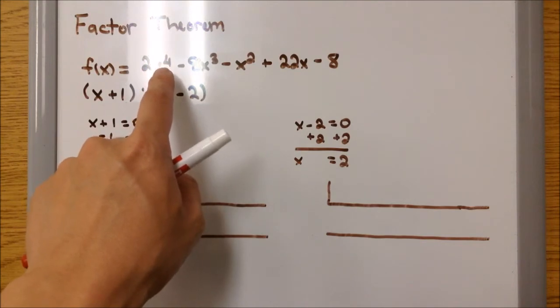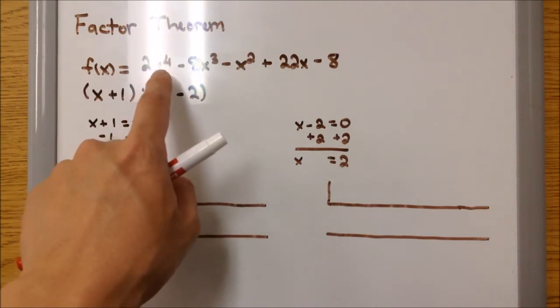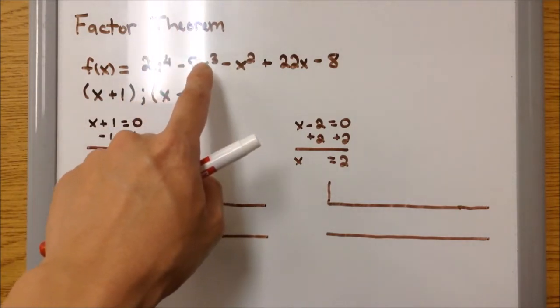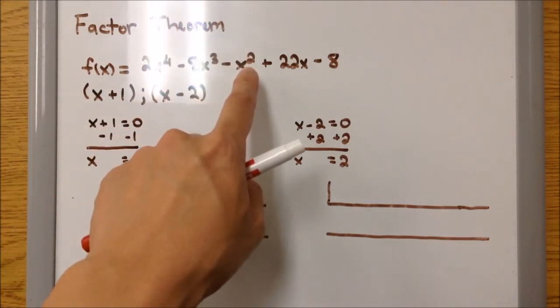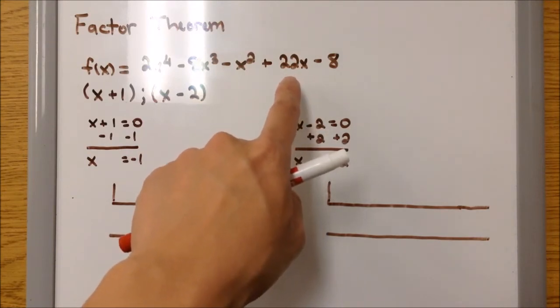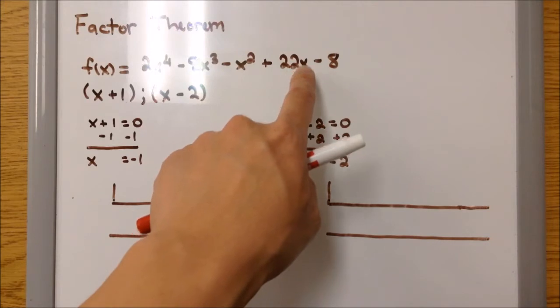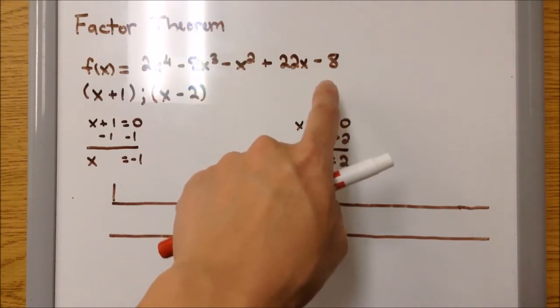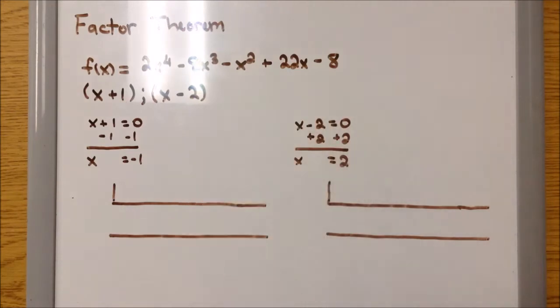So my highest exponent is 4. So I'm going to count down by 1. So 3, I have it. 2 is there. And 1 is right here. So I have all my x's. I'm good with that. Now after x to the 1 power should be a constant number. So I have minus 8. So I'm good. I can move on to division.